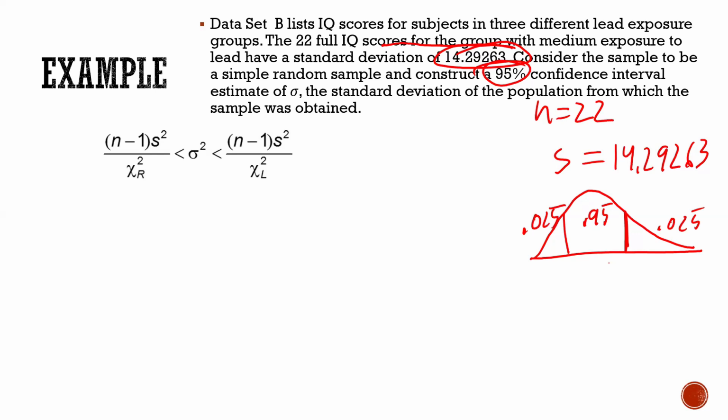And we have every variable we need on this page except for what? What are we missing for this formula here?